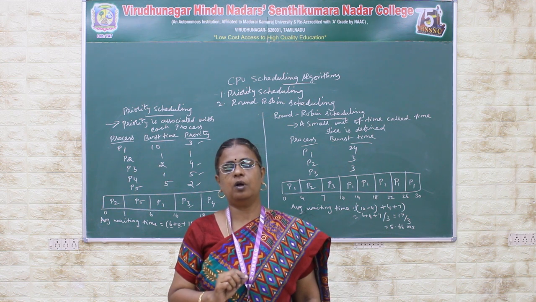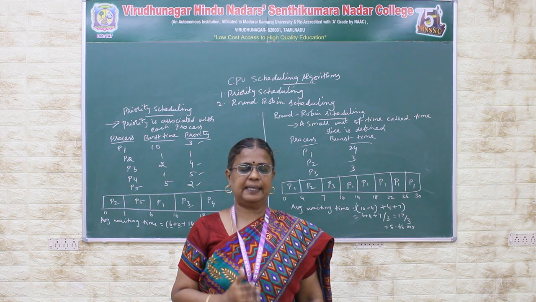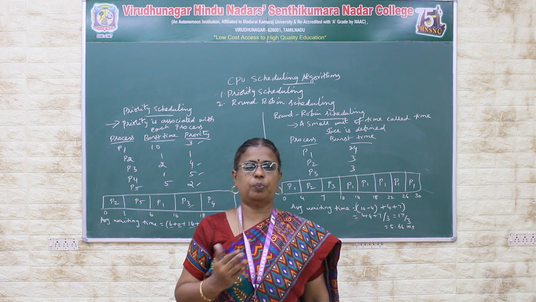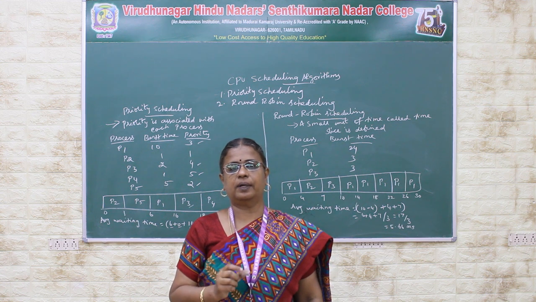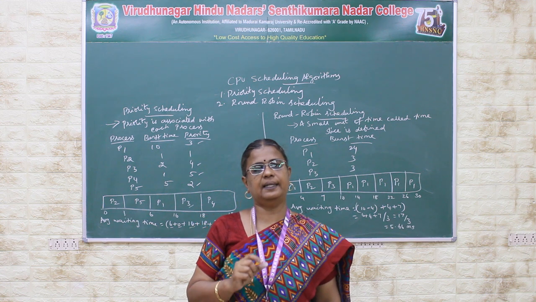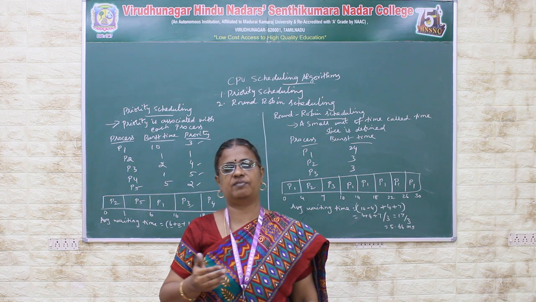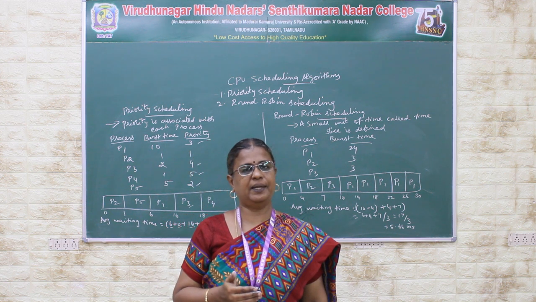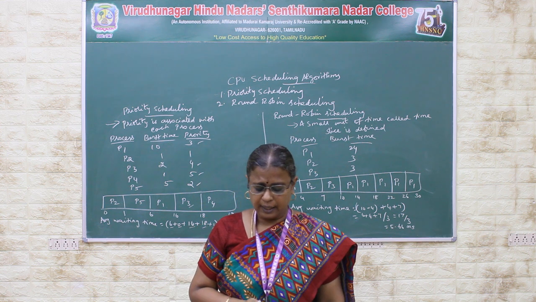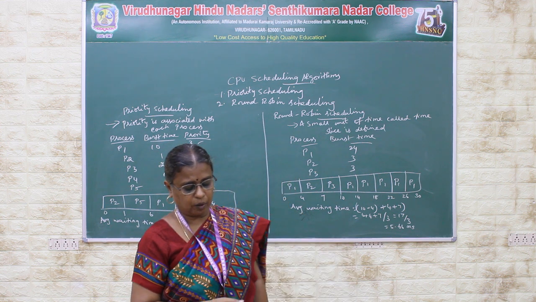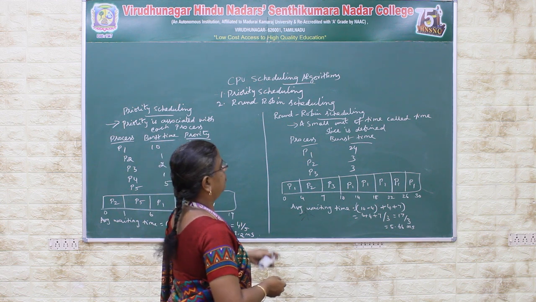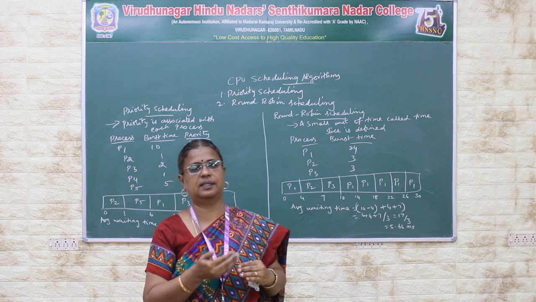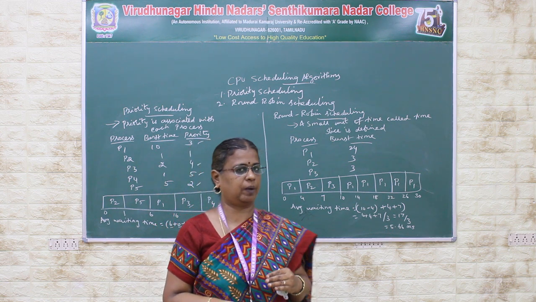After that there will be a timer interrupt, and the process stops immediately. The next process executes for the same time quantum. Again that will be interrupted, and this continues until the execution of all processes has been completed. The round robin scheduling algorithm is completely a preemptive scheduling algorithm, because we terminate a process in the middle and execute the next process.